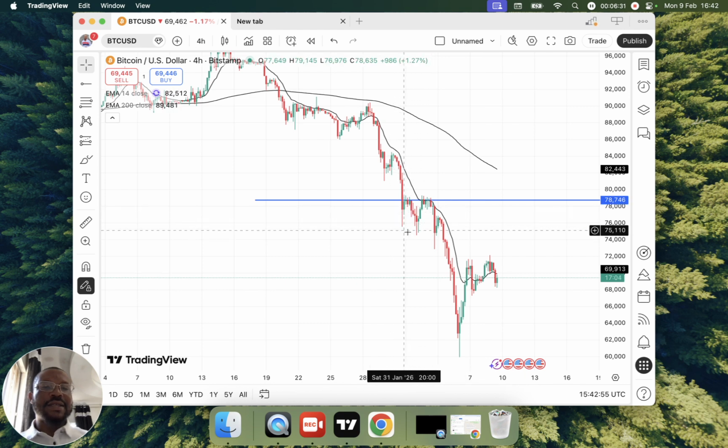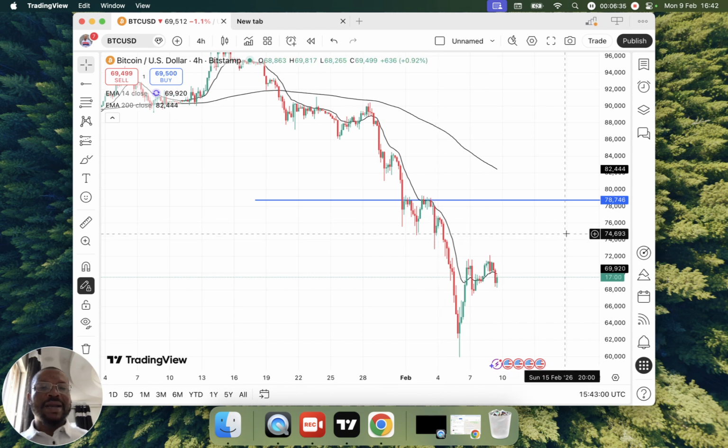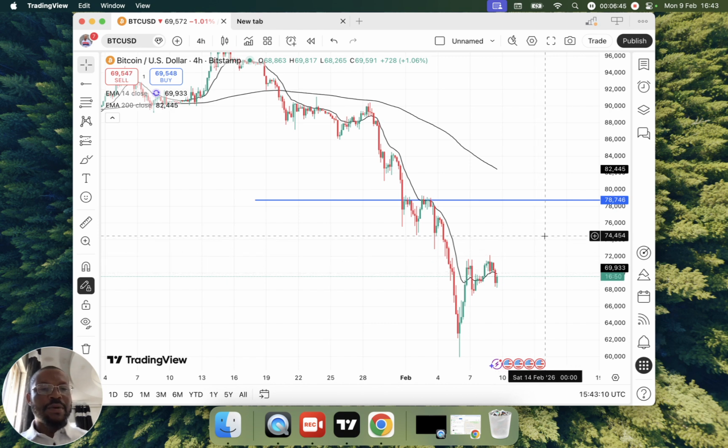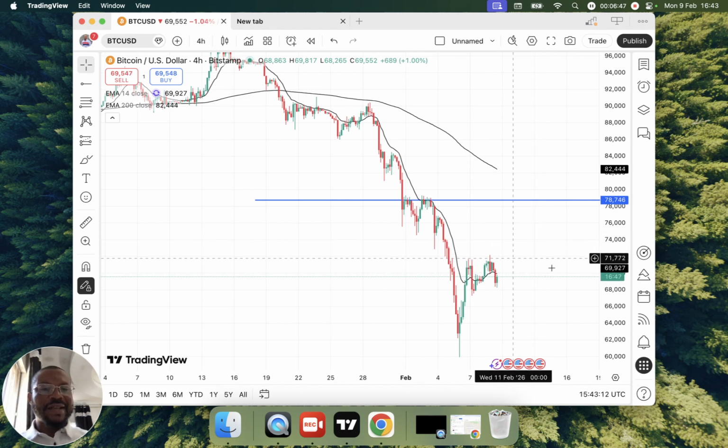You can see it acted as a support here, went up, acted as a support, went up. So the market will come here, and when it comes here, it will start engineering another resistance. It will come down, move back up, come down, like start ranging in this area, and it will create a false resistance here.